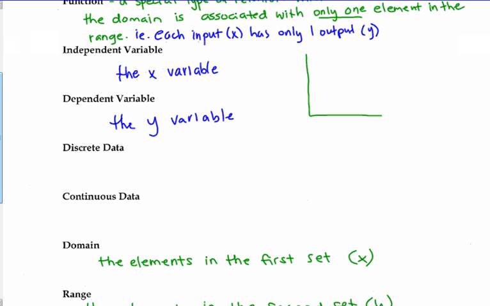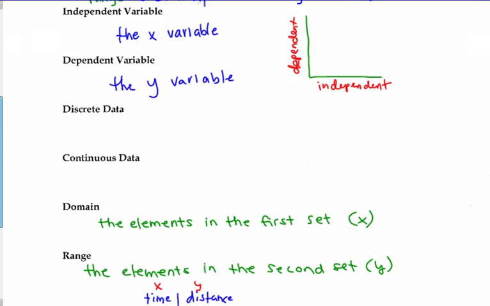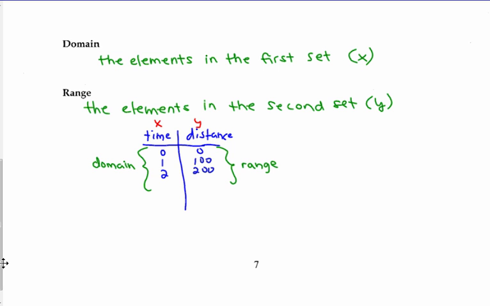Whoa, tongue twister. So dependent is our y. It's always on the vertical, and independent is on the horizontal. Which is why time is always independent, and then distance or speed is your dependent. Okay, so on our chart down below, what's time here?